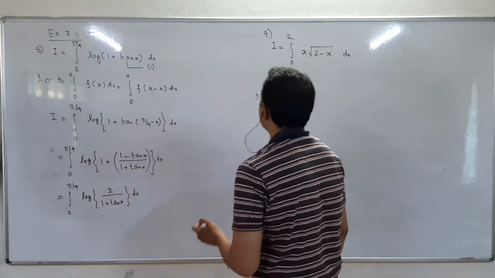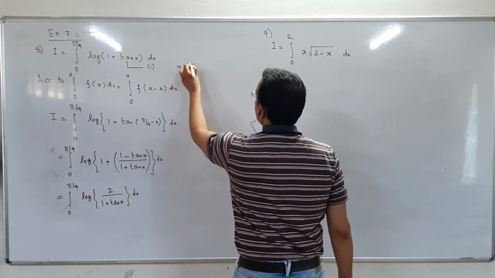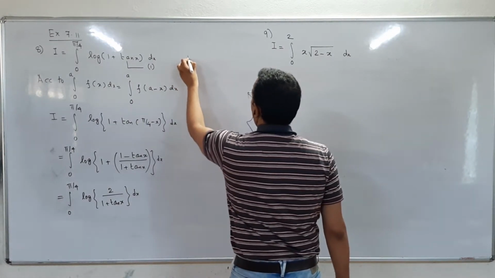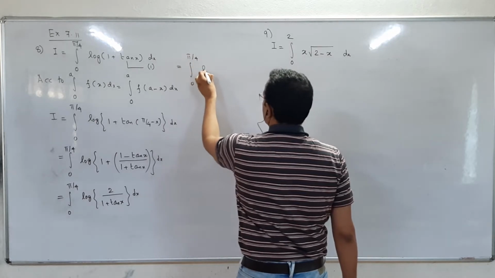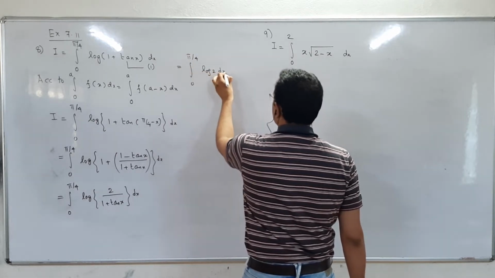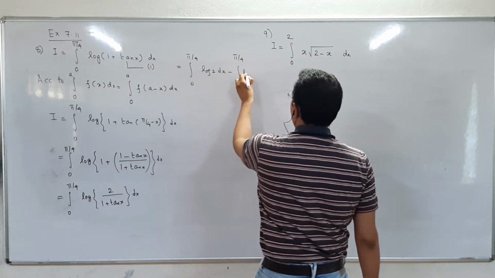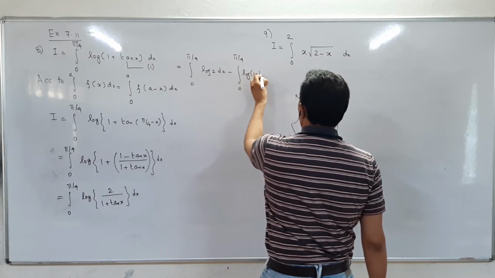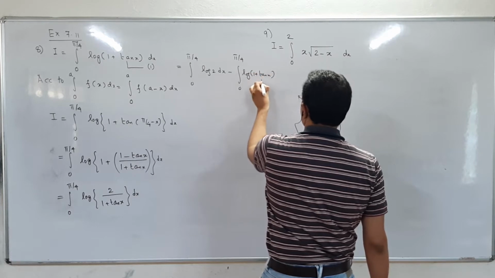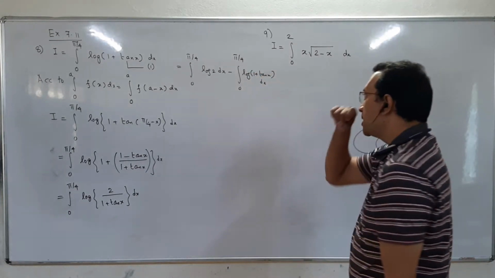Log a by b is log a minus log b. So this will be integral of log 2 dx minus integral 0 to pi by 4 log of 1 plus tan x dx.